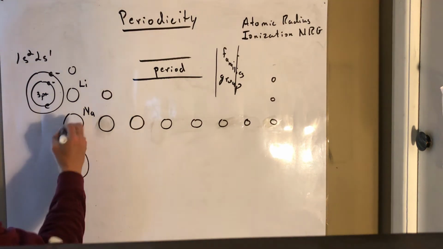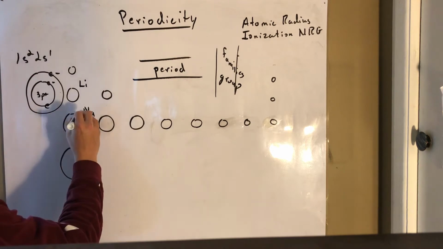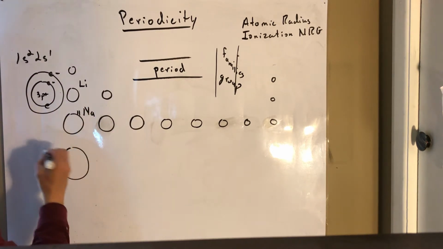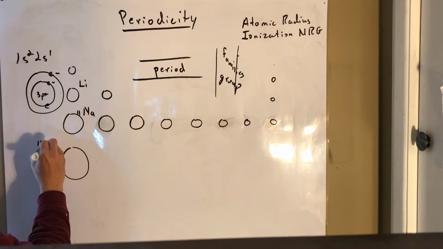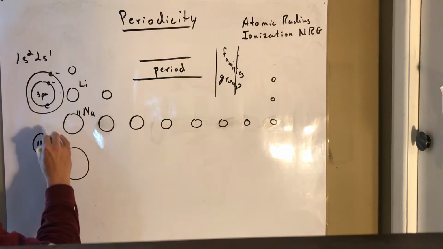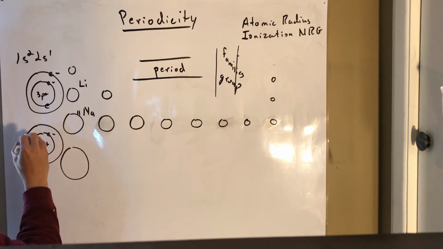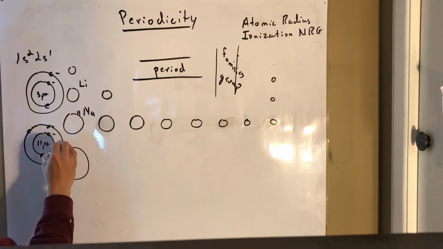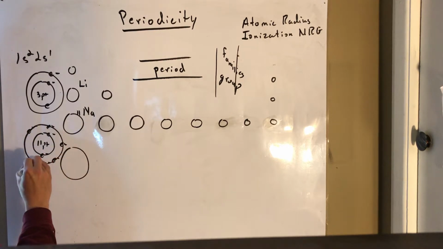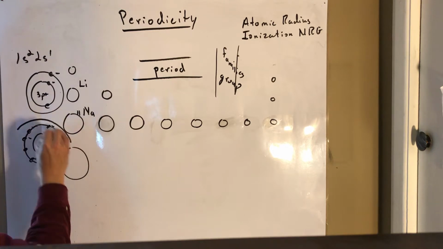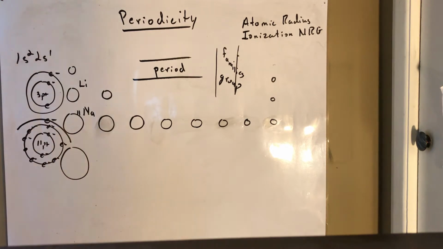Sodium has 11 electrons, 11 protons. We'll have 2 electrons on the first energy level, we'll have 8 (1, 2, 3, 4, 5, 6, 7, 8), and then we'll have a third energy level, okay?